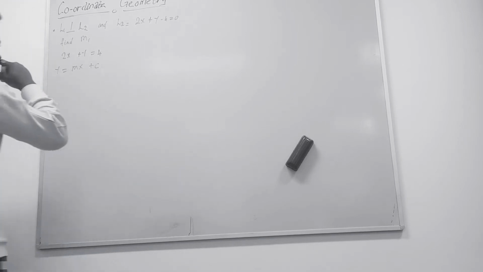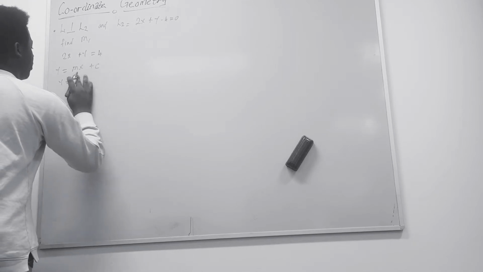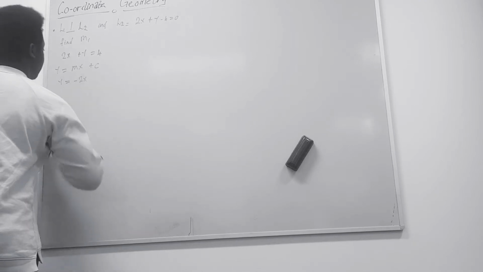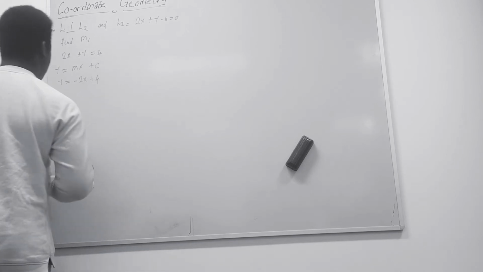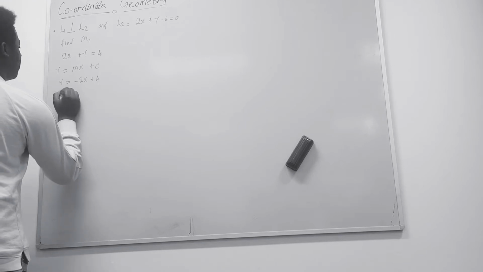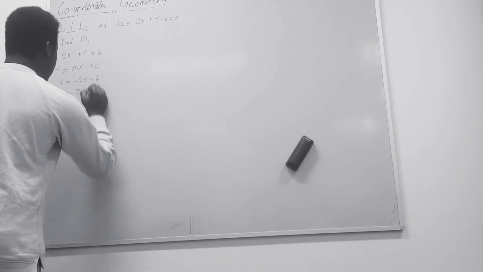I'll derive this later. We have that y is equal to minus 2x plus 4. So m is equal to -2, c is equal to 4.